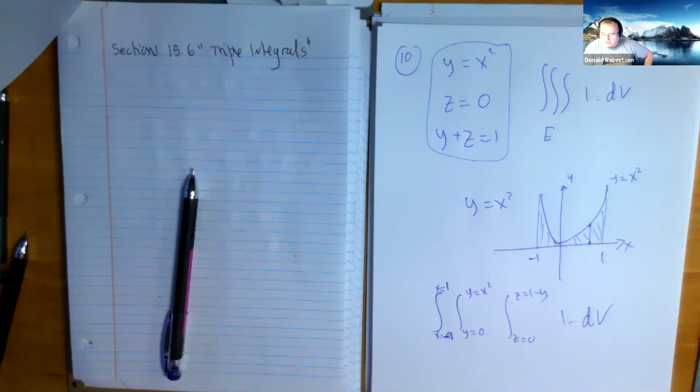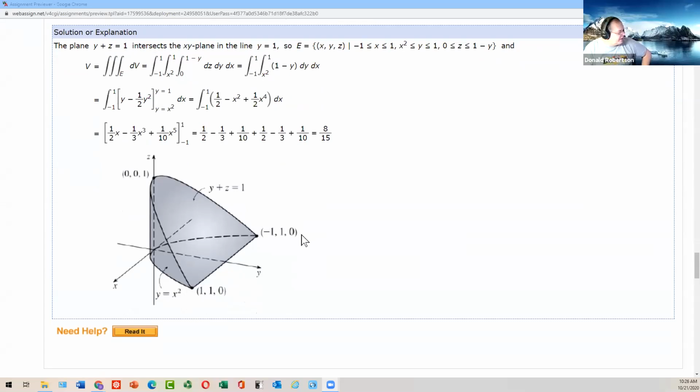So let me show you, now that we've constructed it, what the solution looked like according to WebAssign. That's what that shape looks like. Now, if you have a brain that's capable of figuring that out, you're a better man than I am. But y plus z equals 1 is actually a flat diagonal plane.